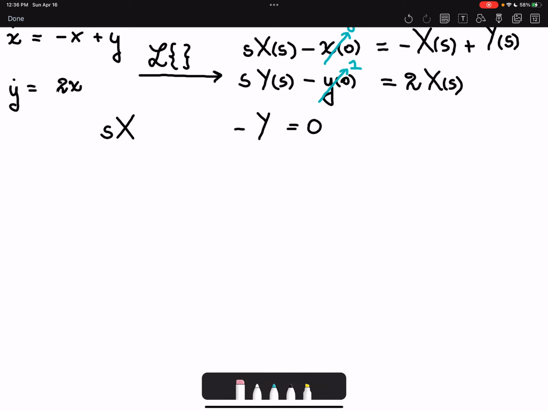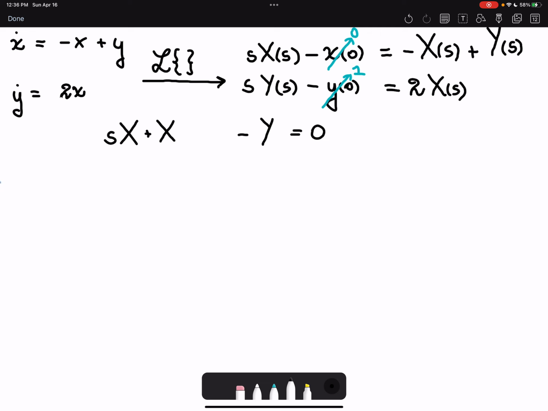So here I'm going to have an x right here. Now, the bottom I'm going to move this x to the other side. So that's going to be negative 2 times big X. And then we're going to have this sY, and then that negative 1, I'm going to add 1 to both sides, and it's going to go over here.